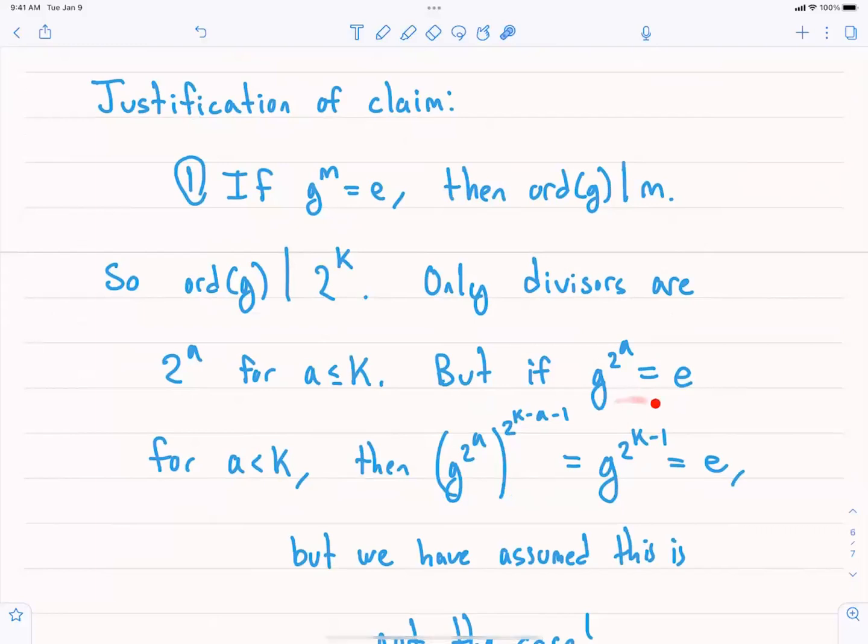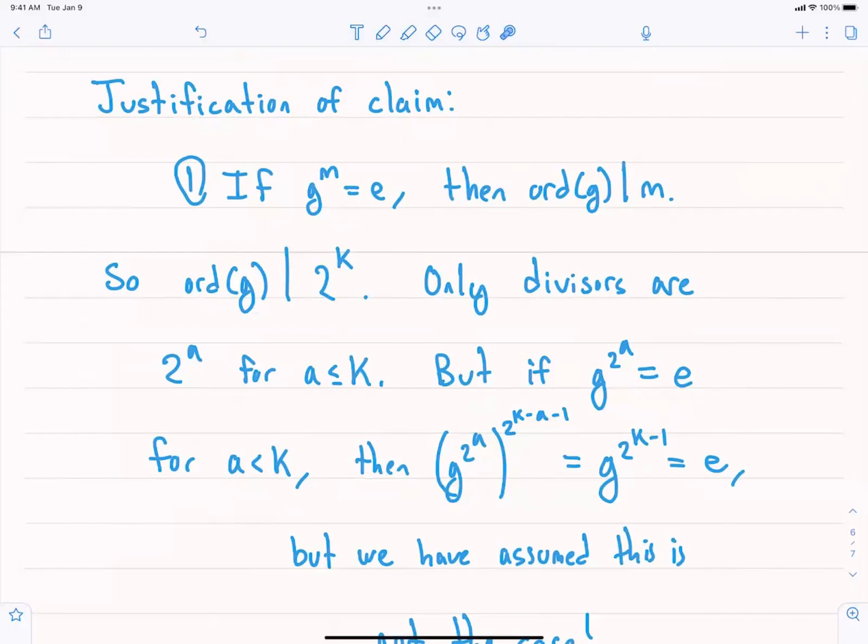But say I did get the identity element for some a that's smaller than k, then I could take g to the 2 to the a, which is the identity element now. Then I raise this thing to the 2 to the k minus a minus 1.